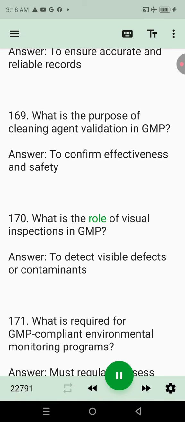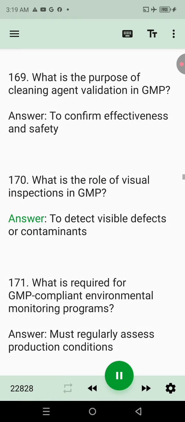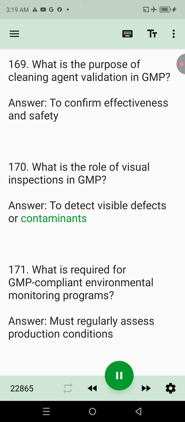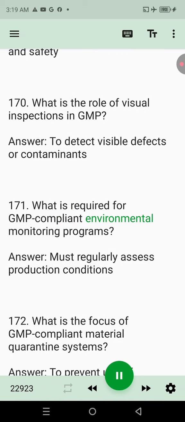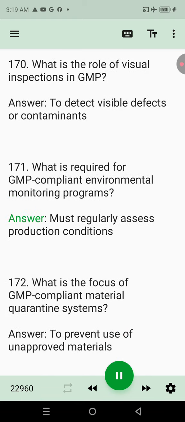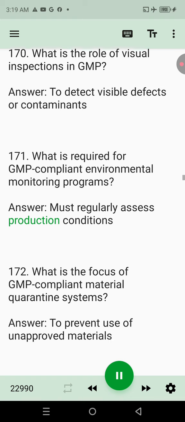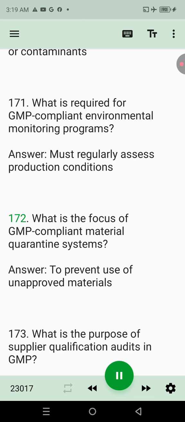170. What is the role of visual inspections in GMP? Answer: to detect visible defects or contaminants. 171. What is required for GMP compliant environmental monitoring programs? Answer: must regularly assess production conditions. 172.